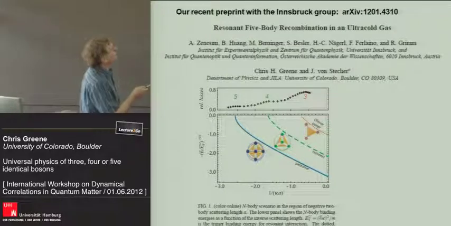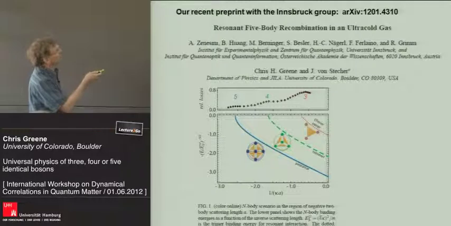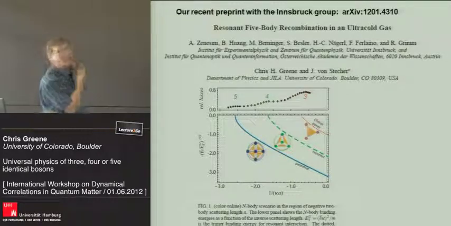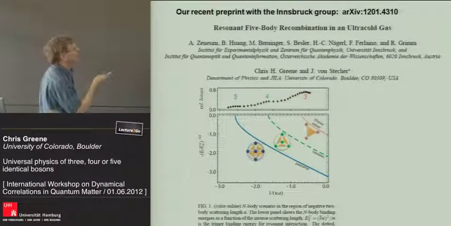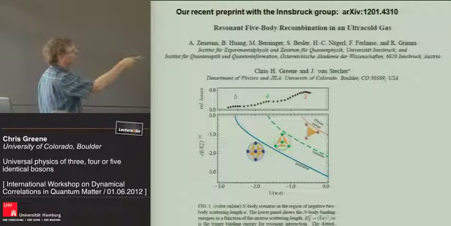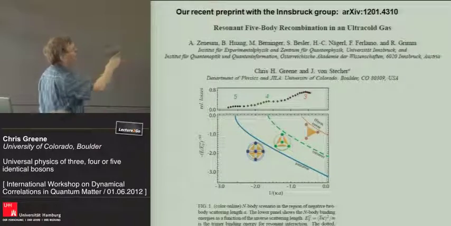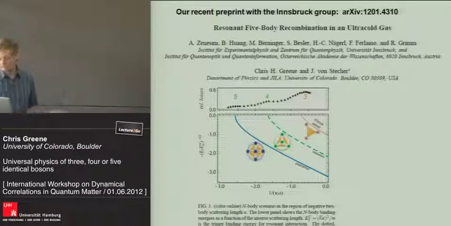Okay, so here is an experiment, and this is a paper we submitted jointly with the Innsbruck group that has shown evidence now for a 5-body recombination resonance. This is a schematic like one of their runs where they saw the 3-body resonance, the 4-body resonance, and now they see a hint of the 5-body resonance.